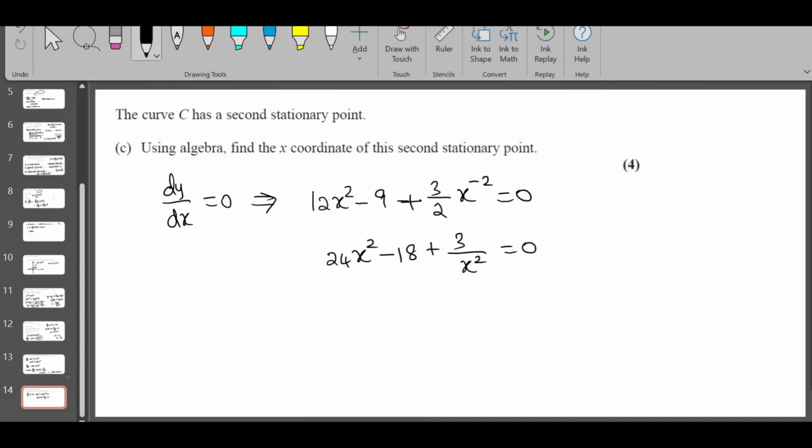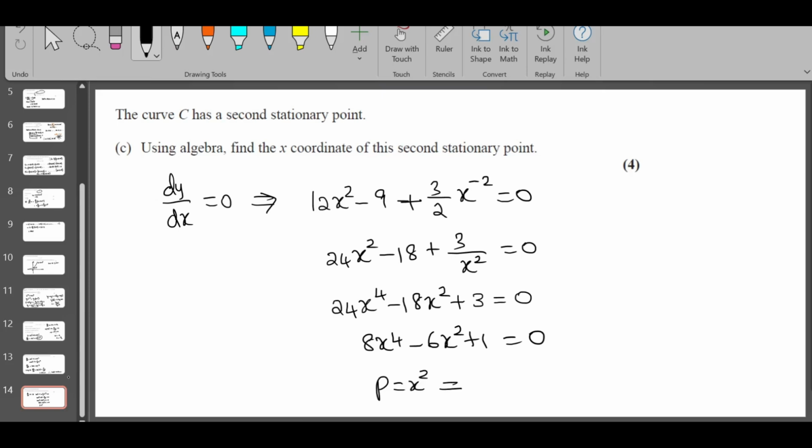Multiply through by x squared again: 24x to the power 4 minus 18x squared plus 3 is equal to 0. Divide by 3, you'll get 8x to the power 4 minus 6x squared plus 1 is 0. Take p as x squared, so p squared will be x to the power 4.